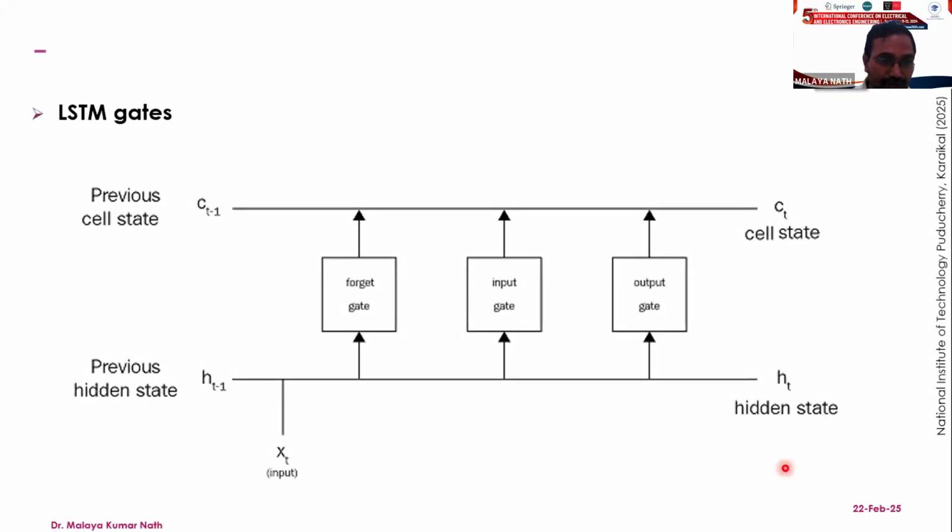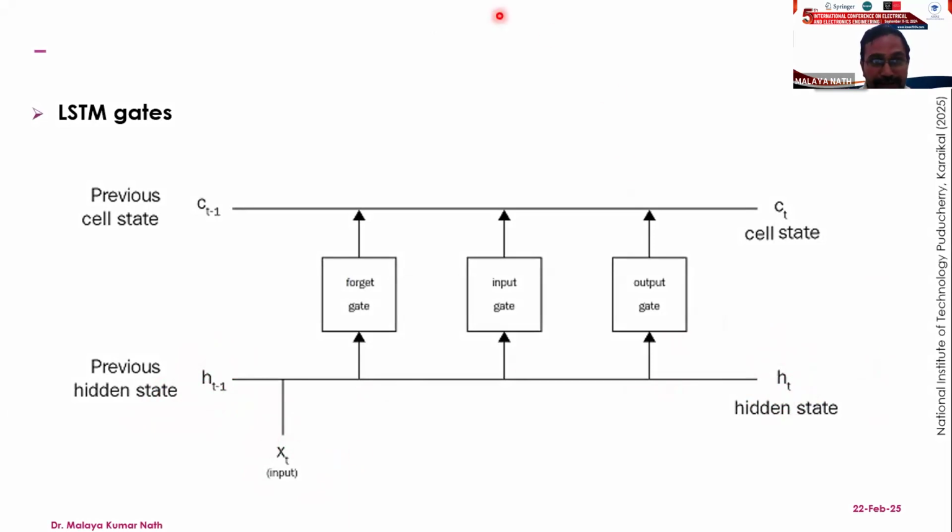So what are these gates? Now just look at this diagram. In this case, there are two states present. One is the previous hidden state, represented by h of t minus 1. Now there is a next state known as h of t. Here t stands for the time step, so t minus 1 is the previous time step and t is the next time step. Now there is an input given, x of t. Here I have taken a simple LSTM network; multiple LSTM networks can be connected.